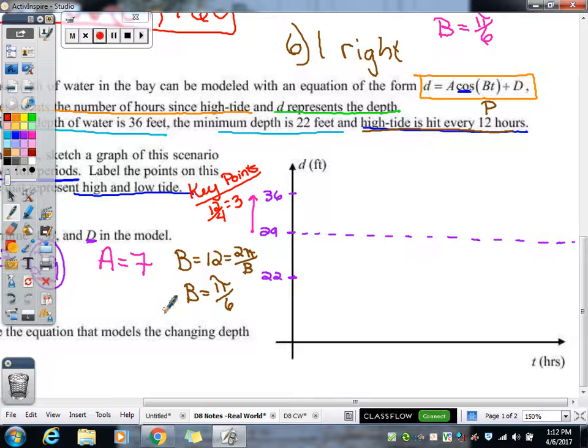So down here on my graph, I'm going to go every 3 hours and put a little tick mark. So 3, 6, 9, 12, 15, 18, 21, and 24. I went to 24 because they wanted us to do 2 complete cycles. One cycle happens in 12 hours. The second cycle would have happened in 24 hours.